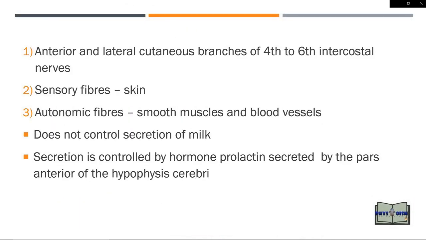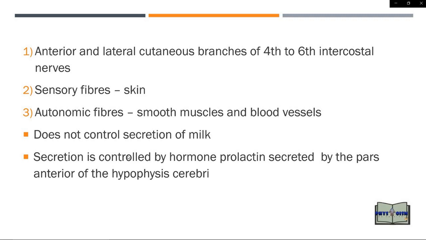The mammary gland is supplied by the anterior and lateral cutaneous branches of the 4th to 6th intercostal nerves. These intercostal nerves give sensory fibers to the skin and autonomic fibers to smooth muscles and blood vessels.